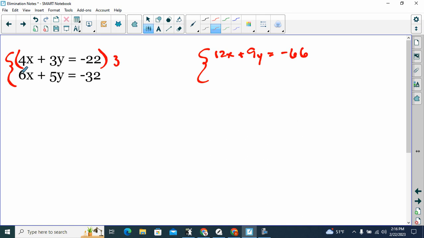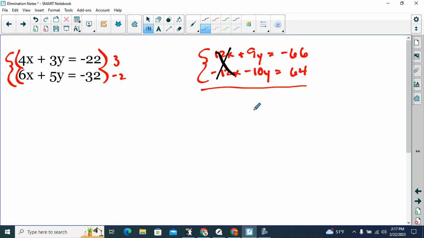If I need that to be minus 12x, I need to multiply times negative 2. 6x times negative 2, that's negative 12x. 5y times negative 2 is minus 10y. Negative times negative is positive 64. Add your equations together. Gives me negative 1y equals negative 2. Divide by negative 1.